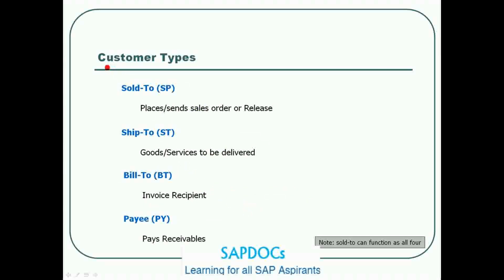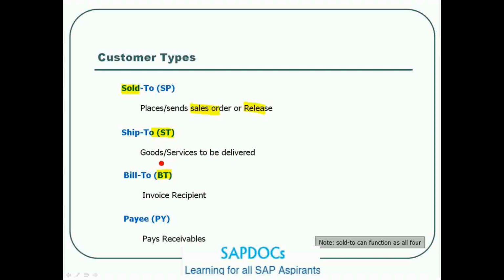To go to the customer types, as we noted a bit on the previous slide, sold to party. This particular customer sends you the sales order or the release. That is the second OTC process we are going to look at. Shipped to, it's another entity where goods or services are delivered.